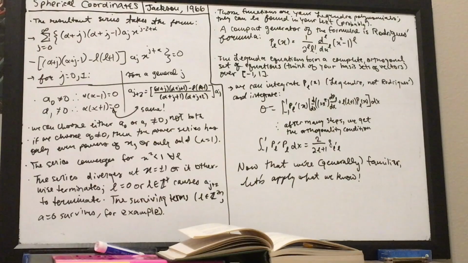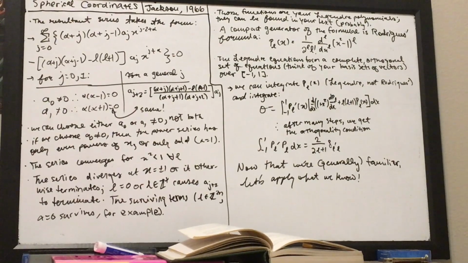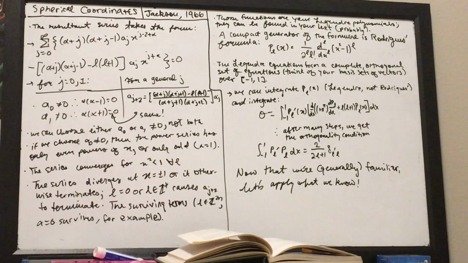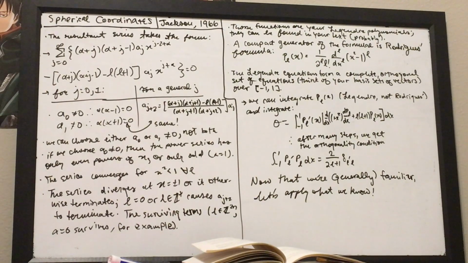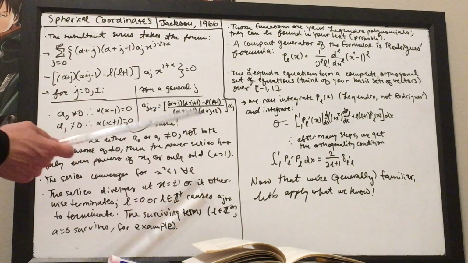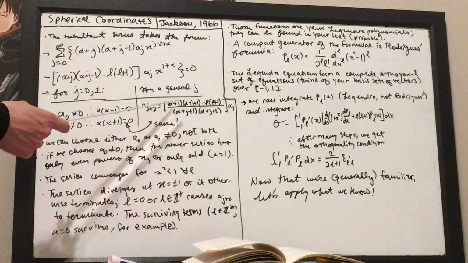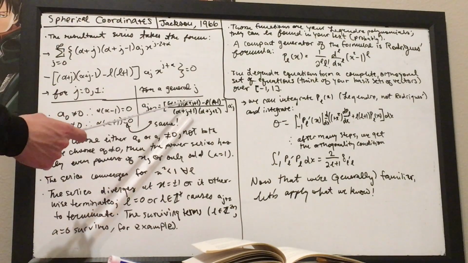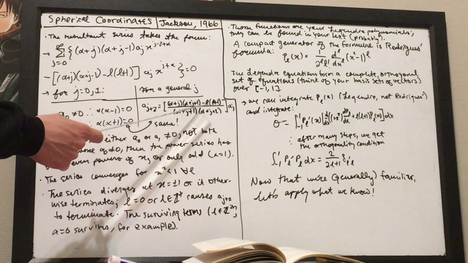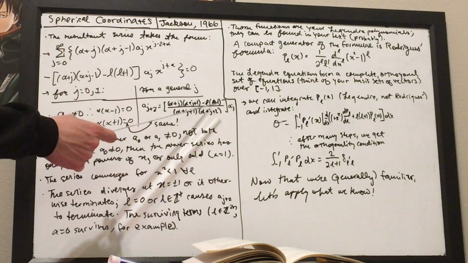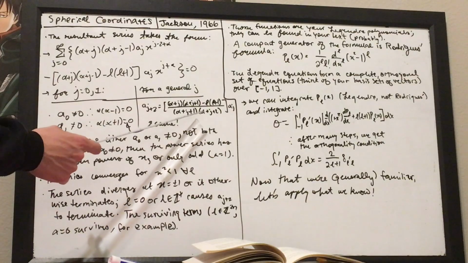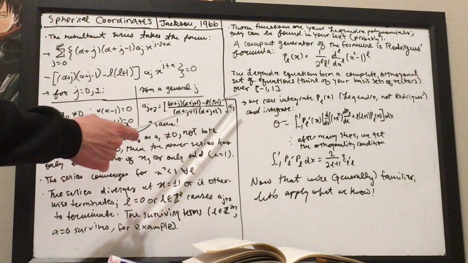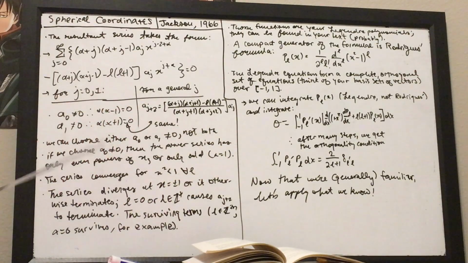If we look at either of these cases, we can actually derive the following recursion relation, a sub j plus 2 equals alpha plus j times alpha plus j minus 1 minus L times L plus 1, divided by the product of alpha plus j plus 1 and alpha plus j plus 2, all multiplied times the a sub j component.